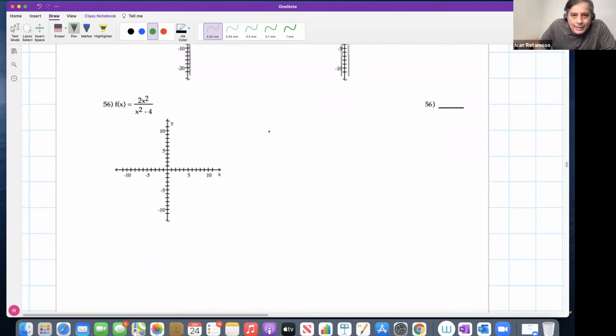Start with the asymptotes right away. What are the vertical asymptotes? Look, this is in simplified form. And on top of that, if you factor your denominator, you get the following: x minus 2 times x plus 2. So setting your denominator equal to 0, you're going to get your two vertical asymptotes.